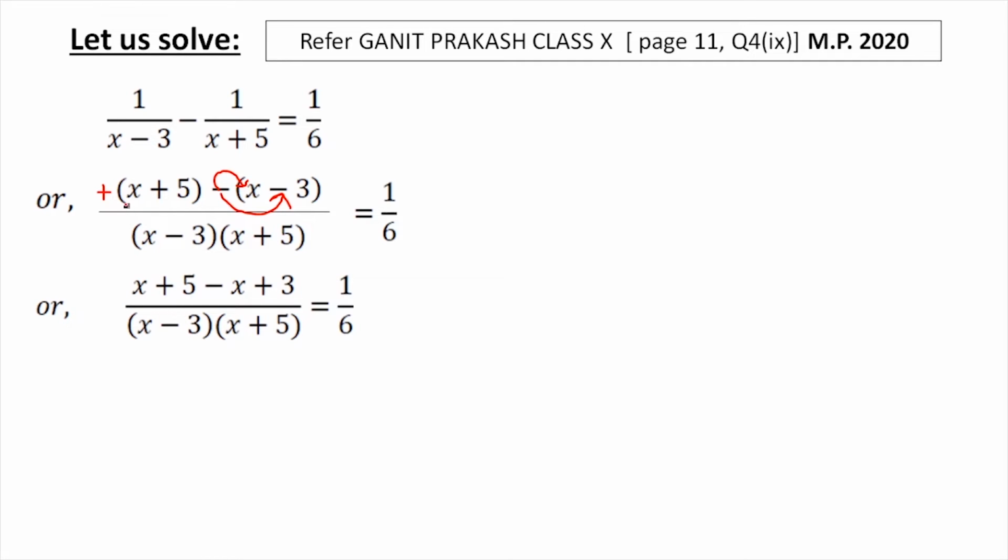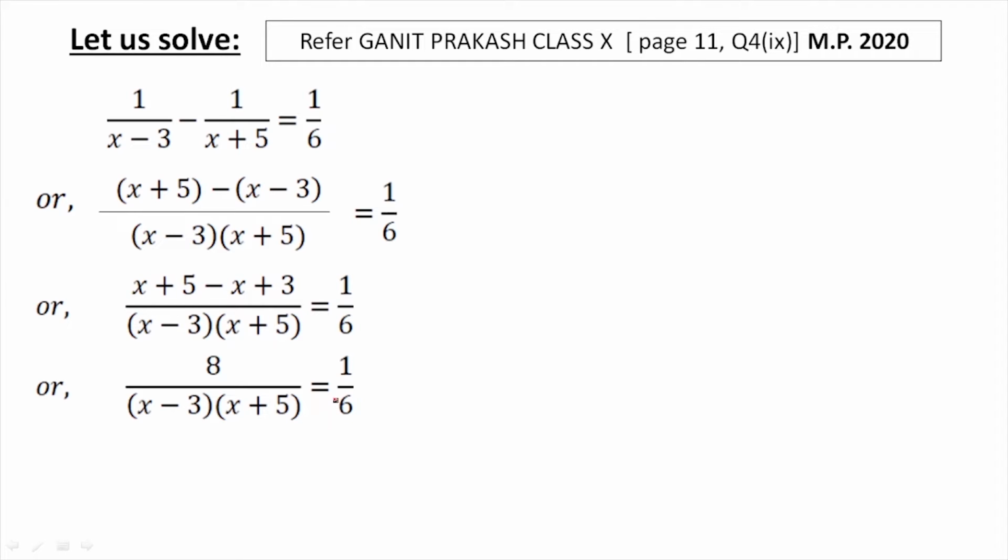This is how we get after opening the bracket. Now I can see that there is x and minus x, I can cancel these, and 5 plus 3 will give us 8. So it will become 8 by x minus 3, x plus 5 is equal to 1 by 6.